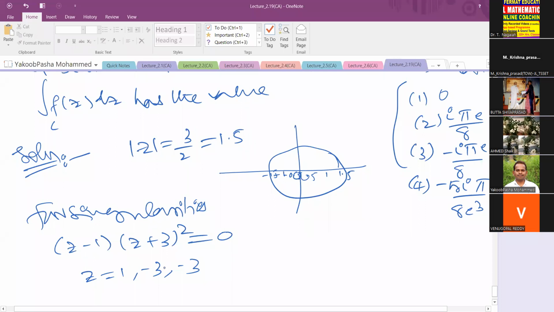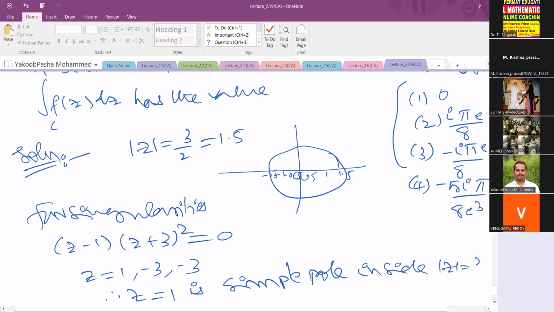But z equal to minus 3 is outside of the circle. So we just have to take z is equal to 1, a simple pole inside modulus of z is equal to 3/2. So we have to calculate the residue at z is equal to 1 only.